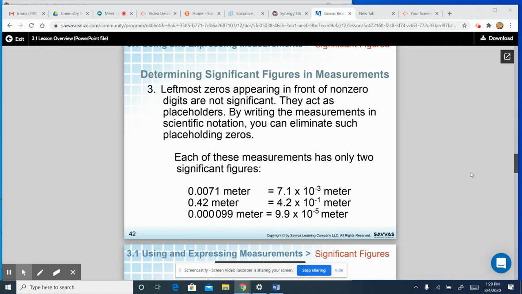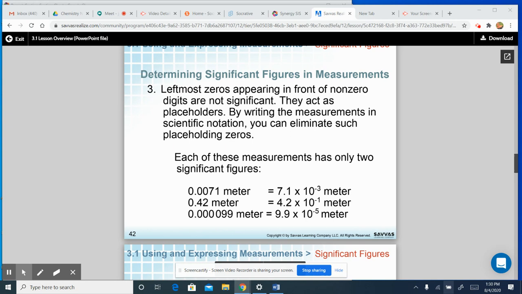Then leftmost zeros appearing in front of non-zero digits are not significant. They are considered just a placeholder because you could write the number in scientific notation and eliminate the zeros. 0.0071 could be written as 7.1 times 10 to the negative 3 meter.